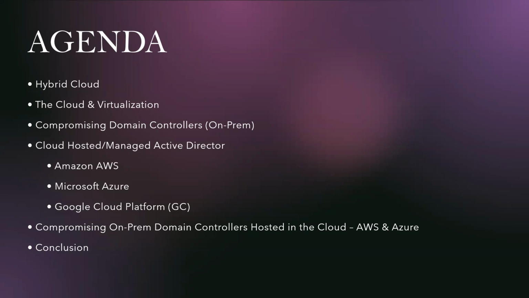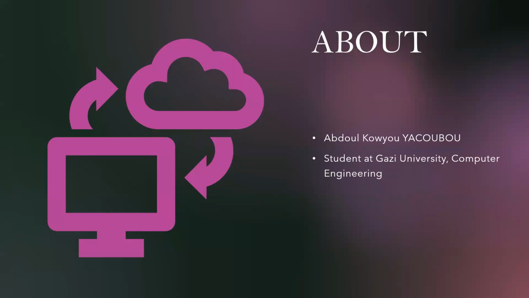In this video, we are going to talk about what is hybrid cloud, the cloud and virtualization, compromising domain controllers, and cloud hosting managing Active Directory, with examples such as Amazon Web Services, Microsoft Azure, and Google Cloud Platform. At the end, we are going to summarize our topic in a conclusion.